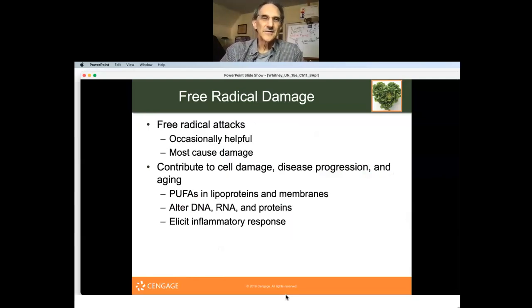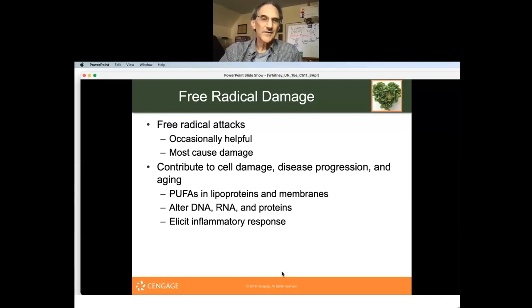So what about free radical damage? As I mentioned, sometimes it's helpful. The body uses it in certain instances as ammunition against certain diseases or intruders. But most of the time, it could cause damage. And what kind of damage? Well, mainly at the cellular level. It could cause progression of disease and aging.